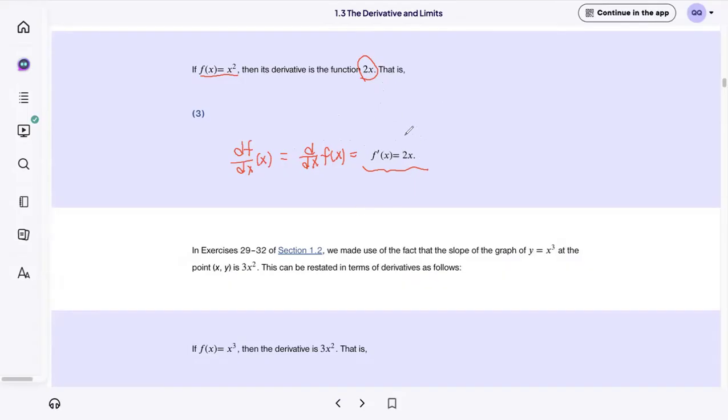You see, it's a function. It's still a function. So if it's constant, let's say equals some c, derivative is 0.